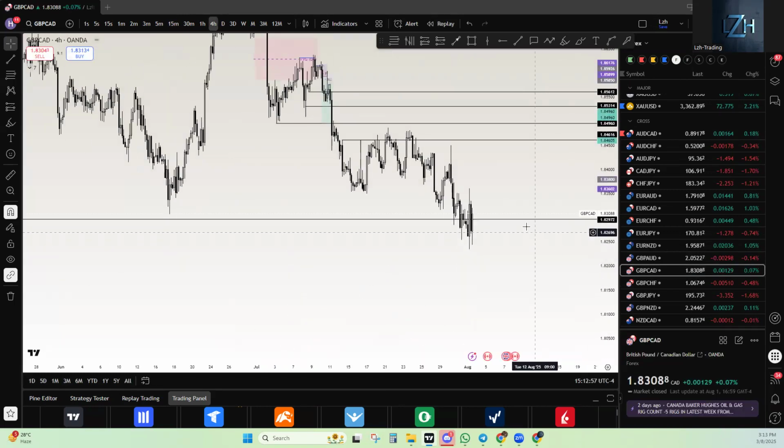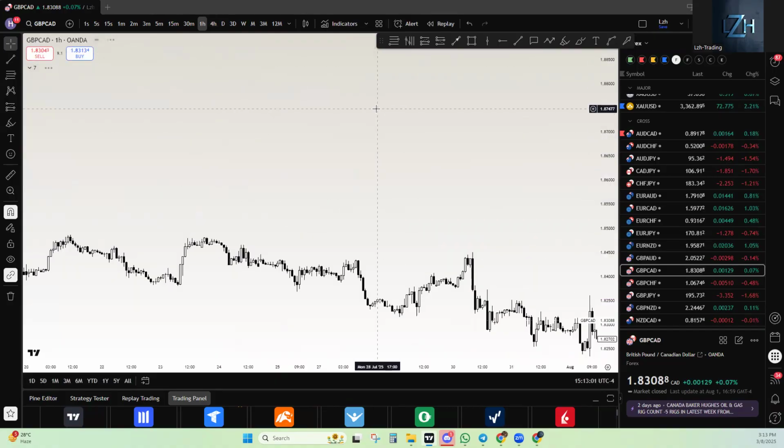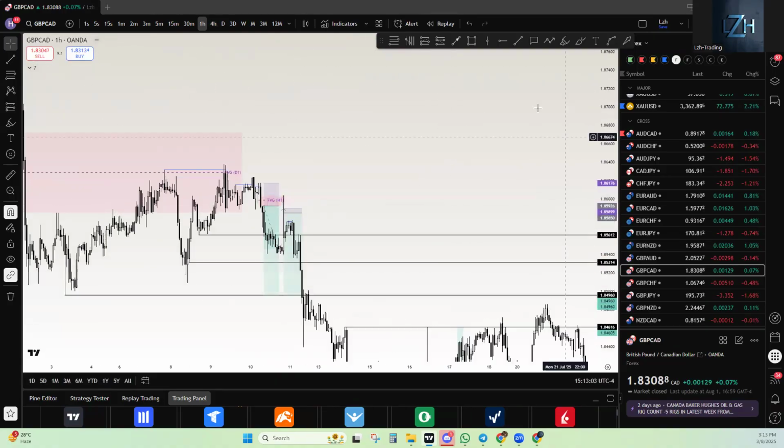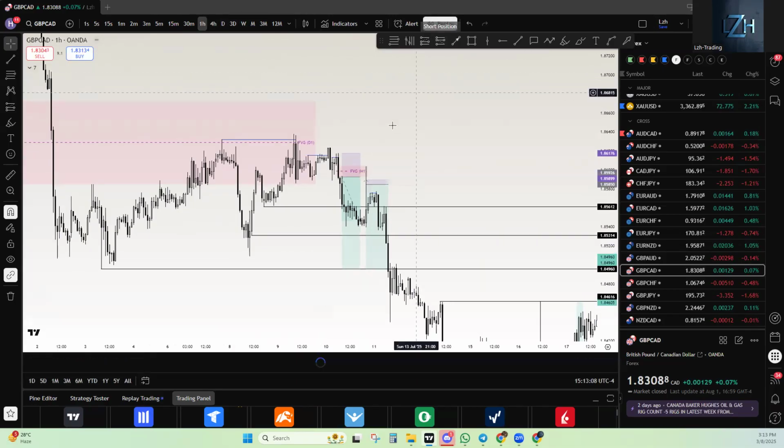So the next one I have is the pound Canadian dollar. I still have my chart here, basically.